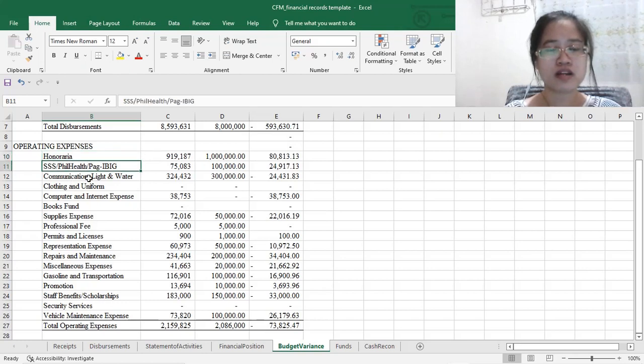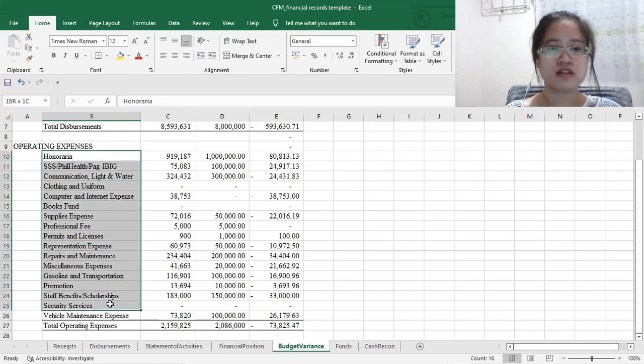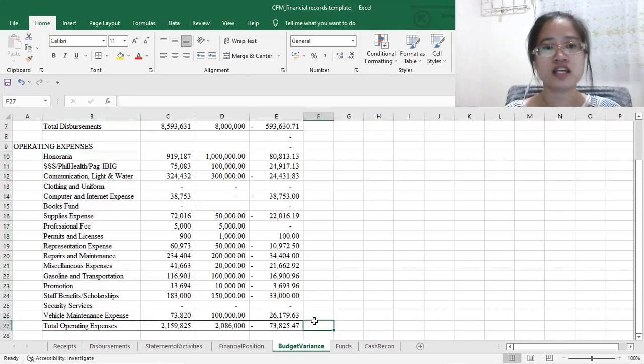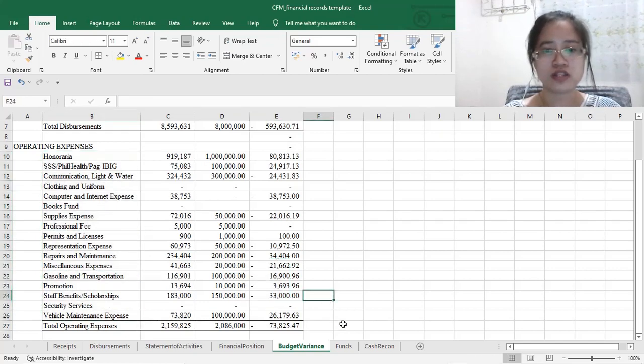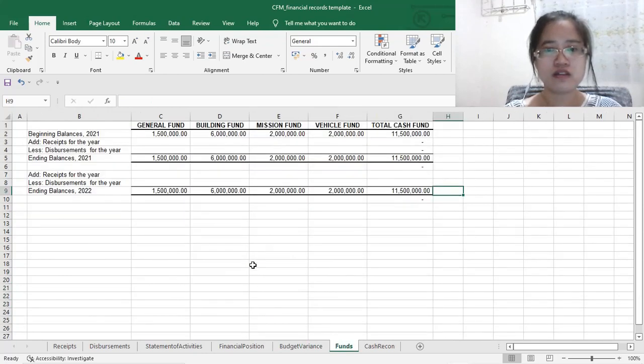You have the mandatory benefits, utilities, clothing and uniform, if the management decides to give them to their workers. Computer internet expense. Again, this is from GBC, but you can tailor this to whatever's needed by your particular church or the mission. Okay, whatever is applicable. So you can change these expenses.